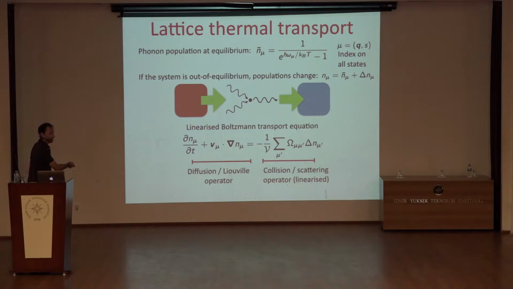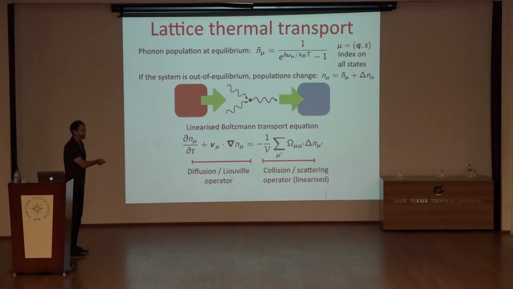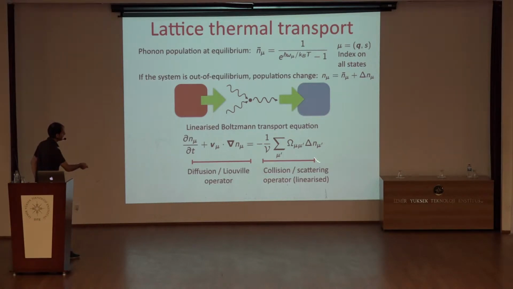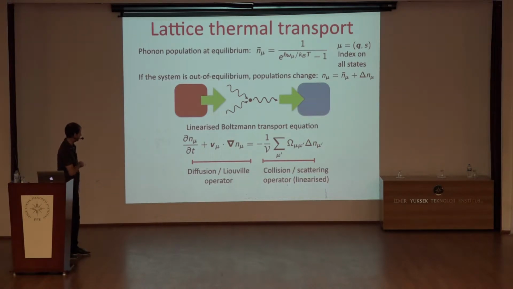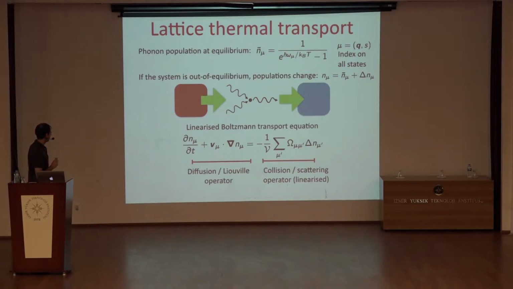This is balanced on the right side by the collision matrix. A technical detail: the scattering matrix acts only on the deviation from equilibrium, and one could say that the Bose-Einstein distribution is not a stationary distribution for the linearized scattering matrix. This is more technical, for those that are experts about it.